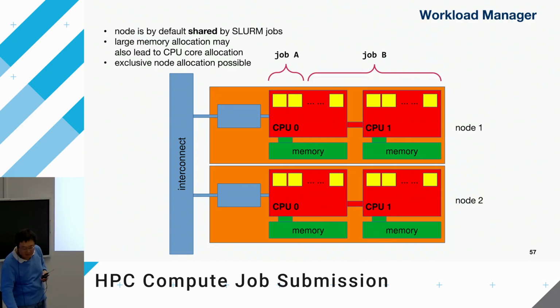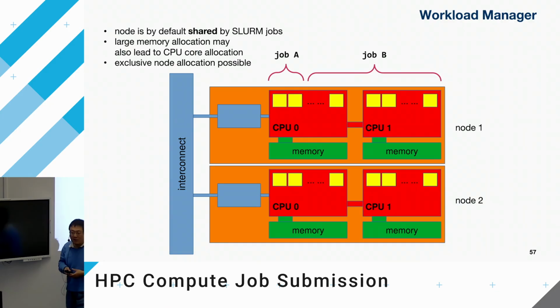And then in this case, this will result in more CPU core allocation. Because, for example, if your calculation uses all the memory in one compute node, and even in this case you are using only one CPU core, there's no possibility for the other jobs to run because there's simply no memory, because this one single job uses all the memory, right?